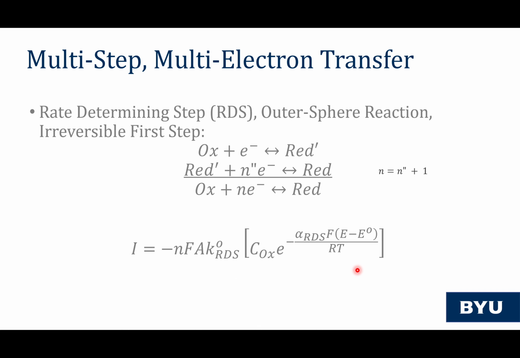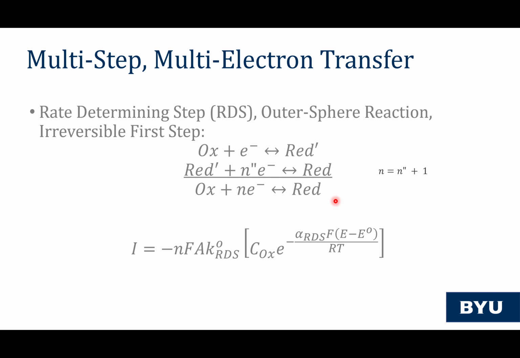Next, I want to talk about the multi-step multi-electron transfer reactions. So let's say we have a rate-determining step. This is an outer sphere reaction, and the first step is irreversible. So our rate is going to be determined by the rate-determining step. And we write out our two reactions here.